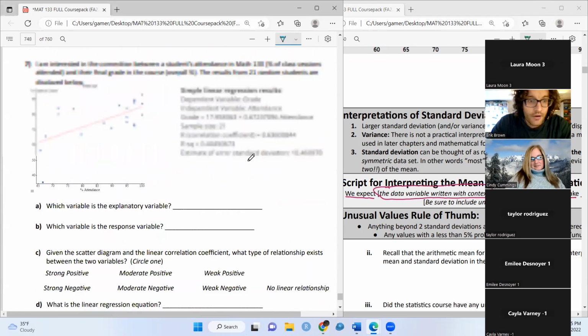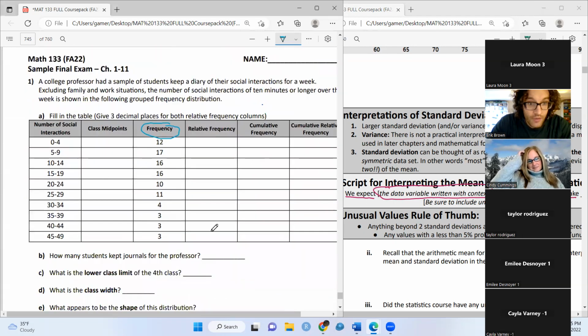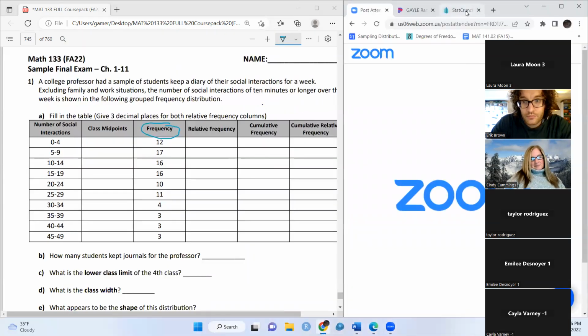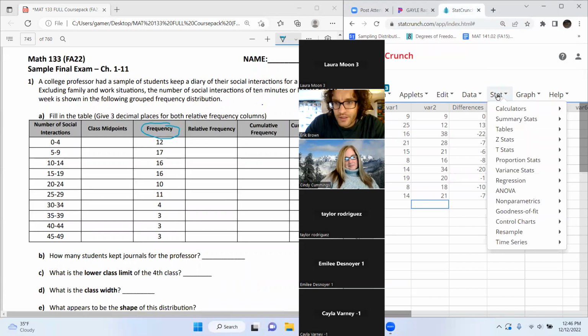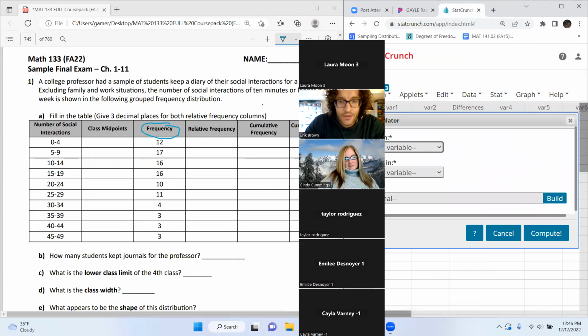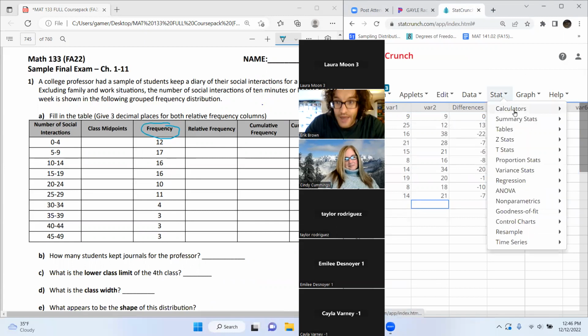Whereas up higher you can use the relative frequency if you want, you just have to use that other calculator. Does that make sense? If you're using the relative frequency, you go to Stat, Calculators, Custom and do your thing there. Whereas if you have whole numbers, so a frequency like this, you can go to Summary Stats, Grouped Bin Data.